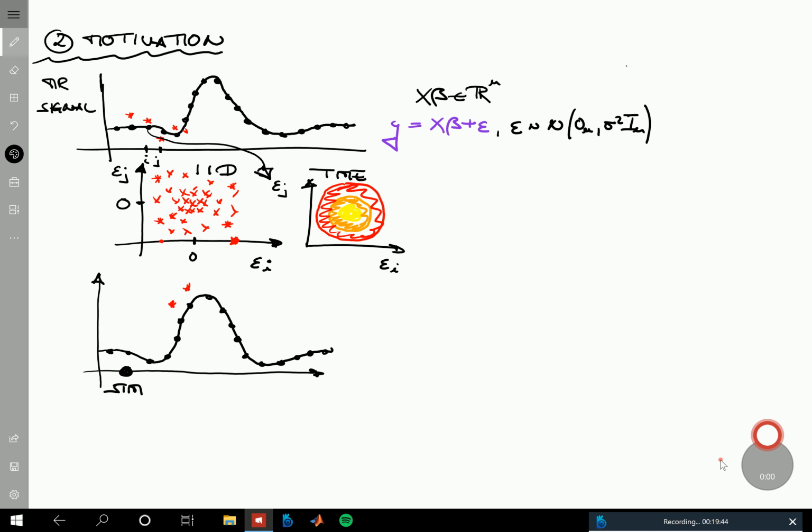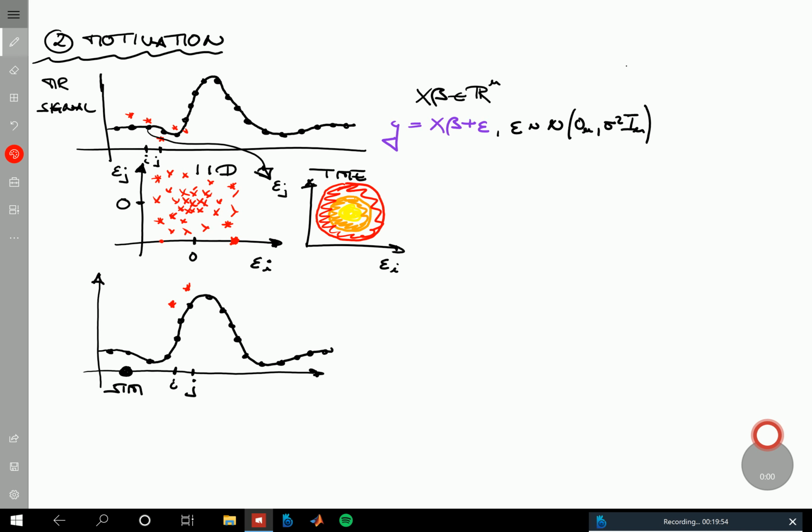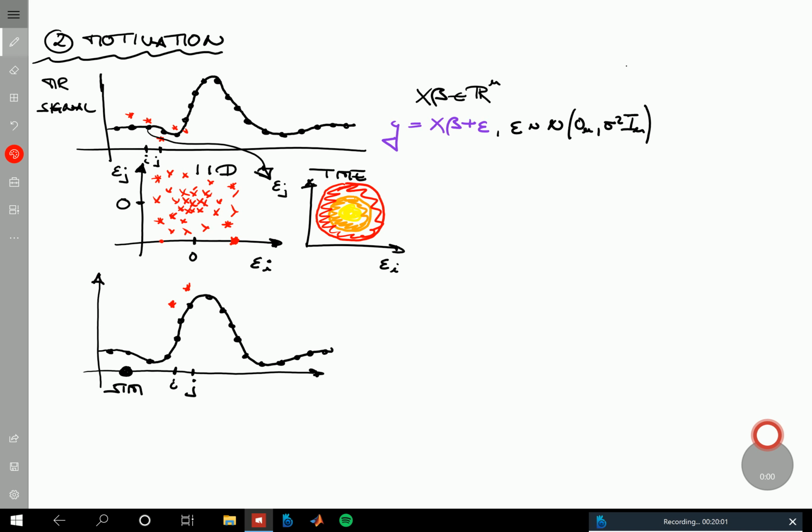So let's call this now I and J again. And now the important thing is that what we assume is that there exist these form of short-term correlations, so that neighboring errors have a higher probability to deviate in the same direction from the deterministic prediction than errors further apart.